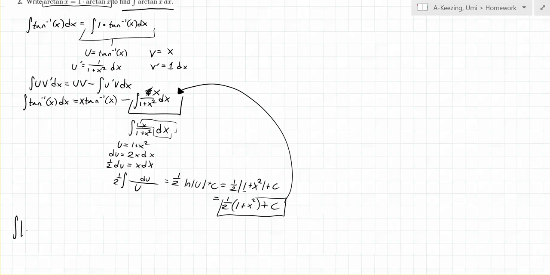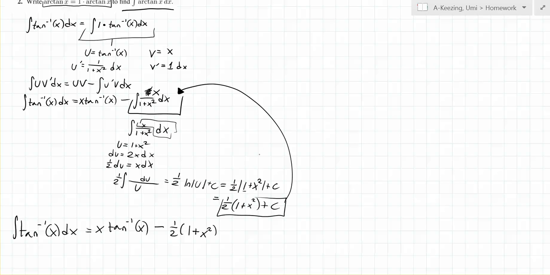So the integral of tan inverse of x dx equals x tan inverse of x minus 1/2 times, oops, 1/2 times ln of 1 plus x squared plus c.